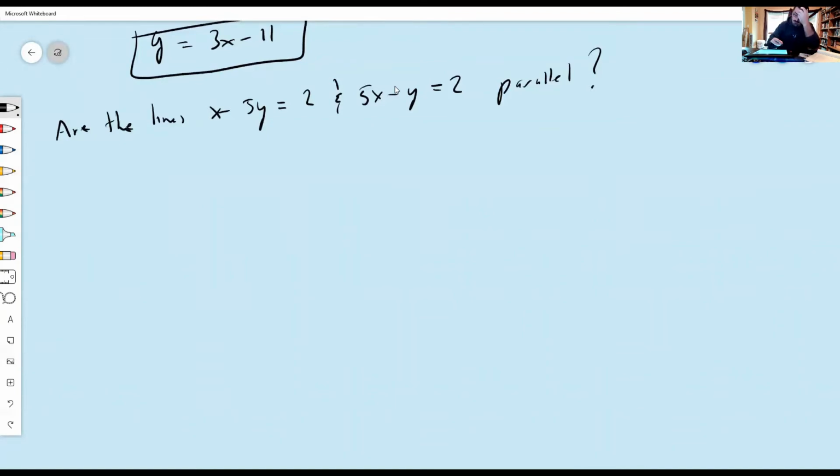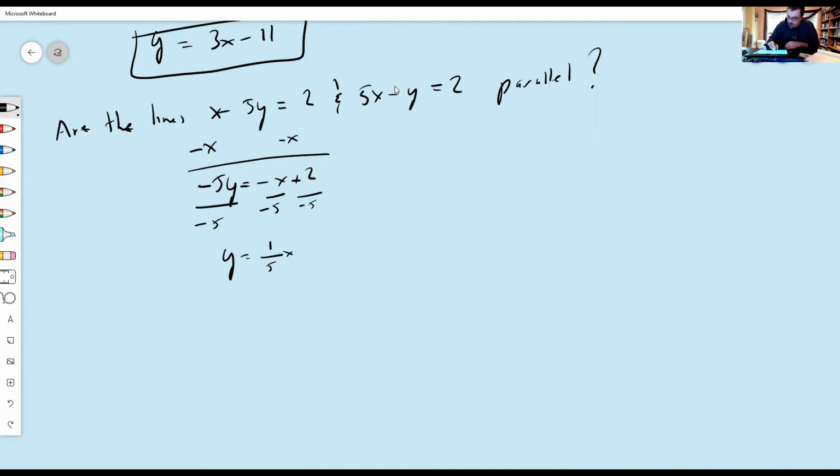So this first one, move the x: minus 5y equals minus x plus 2. Get y by itself, so divide by minus 5. Y equals positive 1/5 x minus 2/5. So my slope here is 1/5.